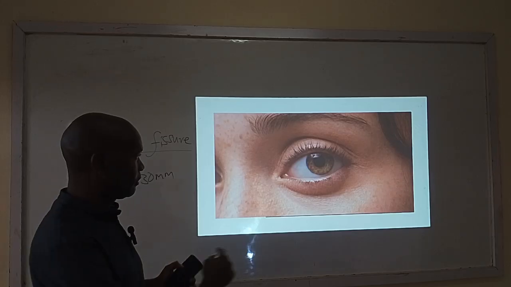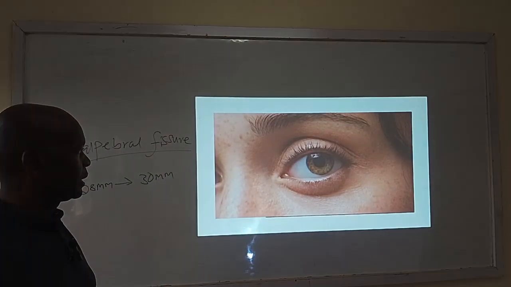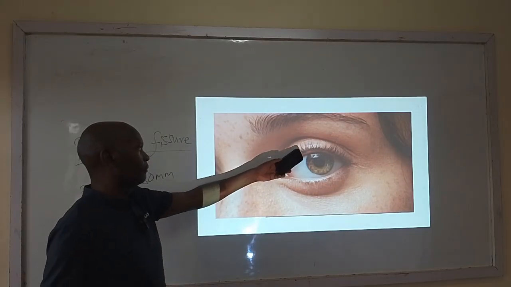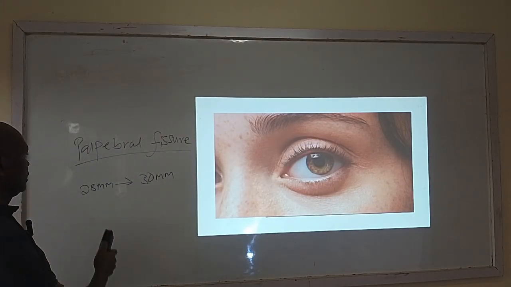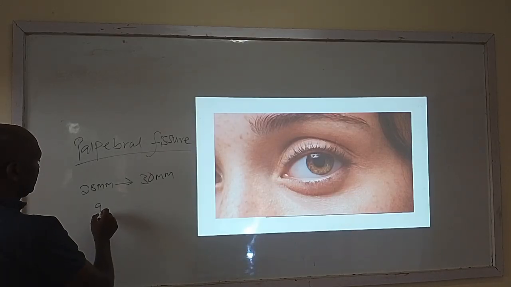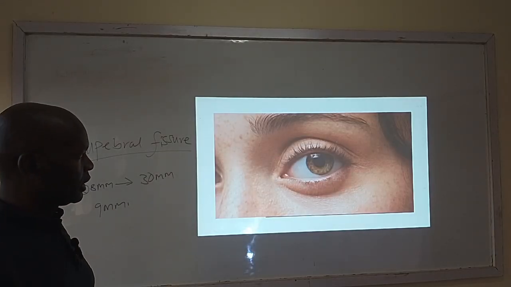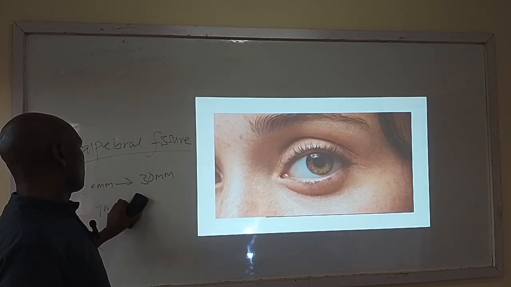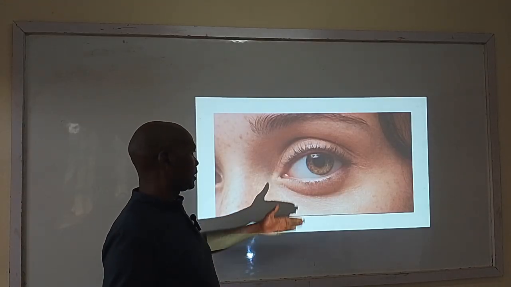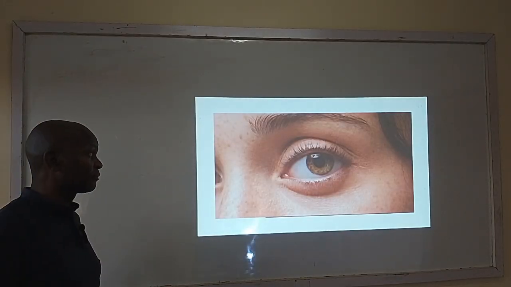Then from the upper eyelid to the lower eyelid, it's approximately about 9 millimeters. But there's always a range. So the more important thing is to understand that this opening is what we refer to as the palpebral fissure.